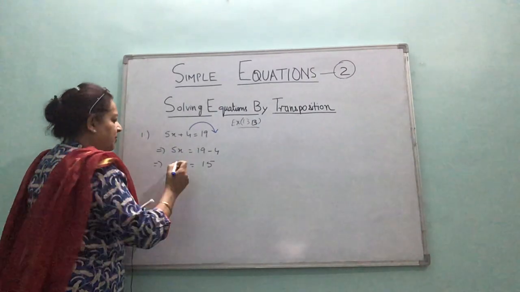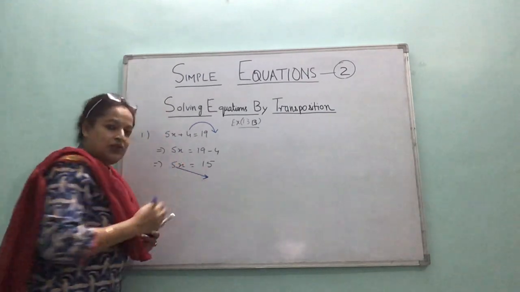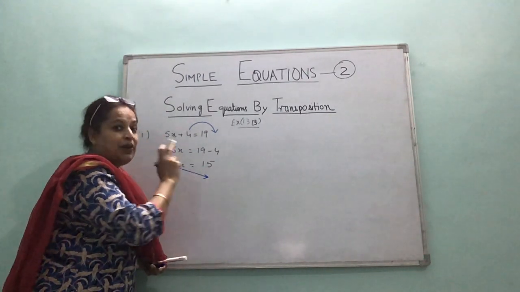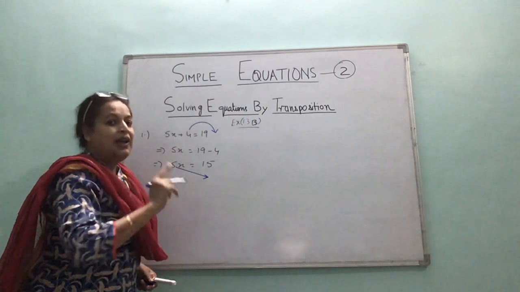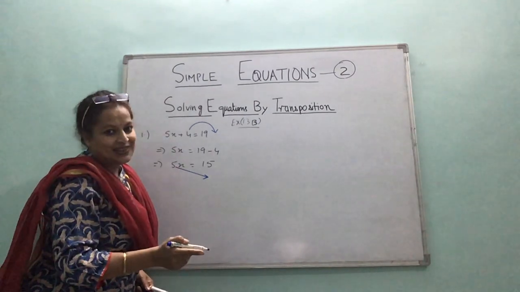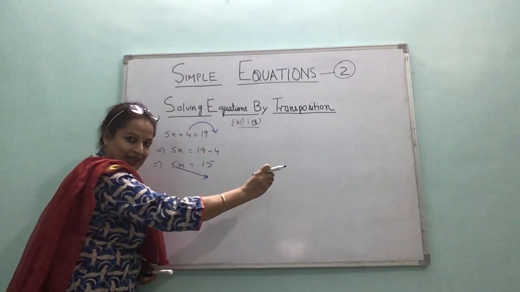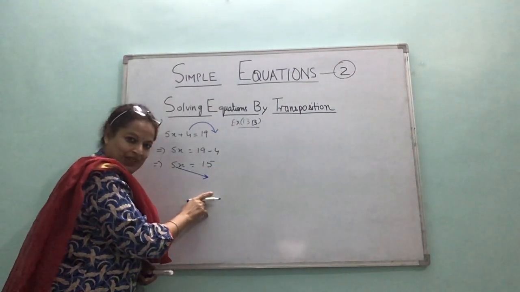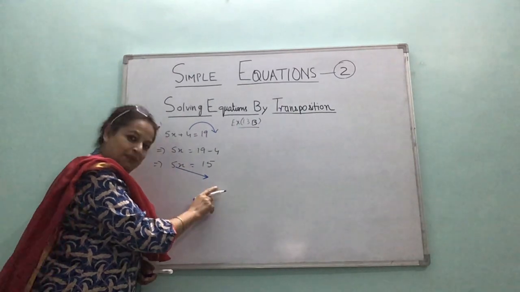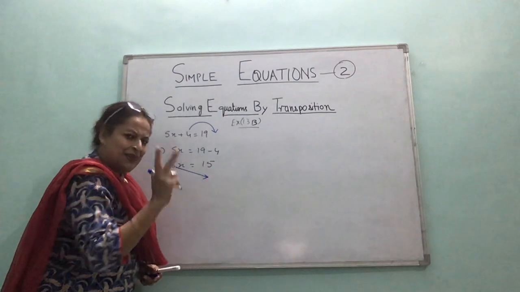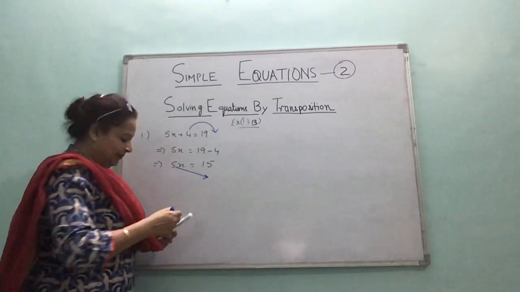When it is multiplying, it would divide the other side. But when you cross multiply, do not change the sign. When you pick up and take it to the other side, change the sign. But when you are just cross multiplying, it would remain plus 5 only. The sign would not change. Right? These are the only two things which you have to remember.